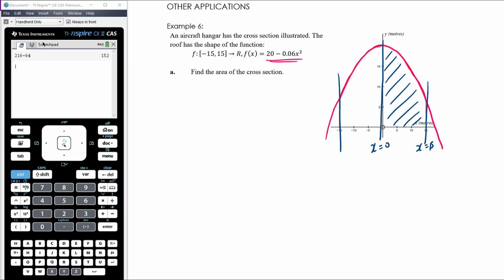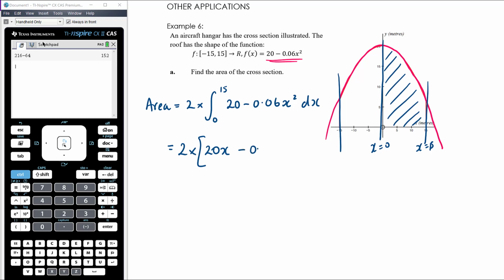Okay, so the area is going to be 2 lots of the integral from 0 to 15 of 20 minus 0.06x squared dx. Okay, so that is 2 times, it'll be 20x minus, now 0.06 divided by 3 is 0.02 x cubed from 0 to 15.